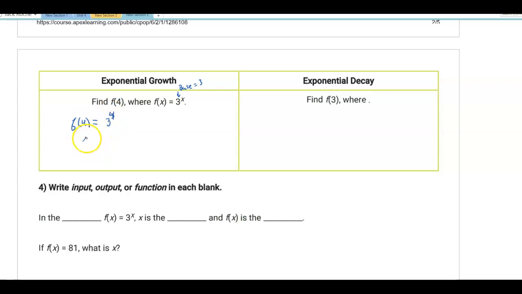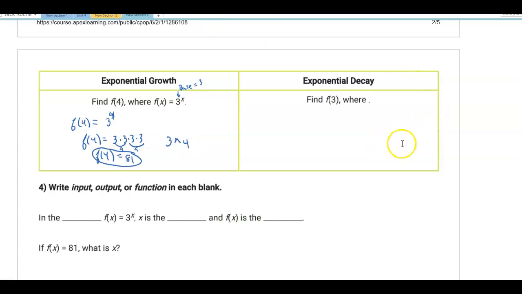Everywhere I see an x, I'm replacing with 4. So f of 4 is equal to 3 times 3 times 3 times 3, which is 3 times 3 is 9, 3 times 3 is 9, 9 times 9 is 81. So f of 4 is 81. Now, you can easily use your calculator for that also. If you have a graphing calculator, you would just put 3 caret 4 in, and it would give you the answer.